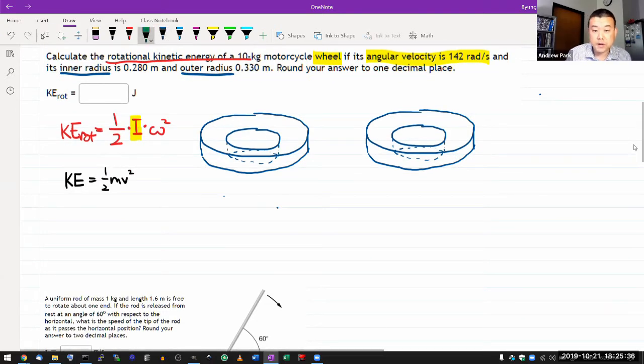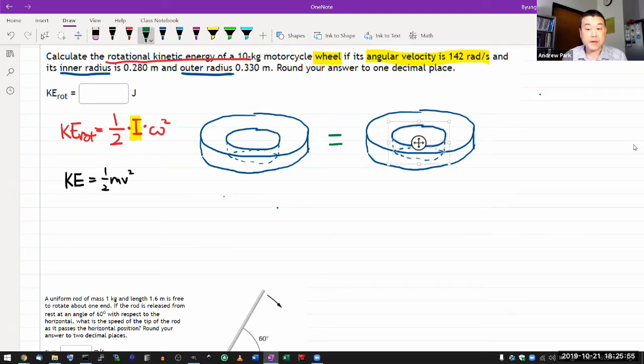So this is what I want to do. I want to describe the donut shape as being made out of two parts. You have a solid disk of the outer radius.